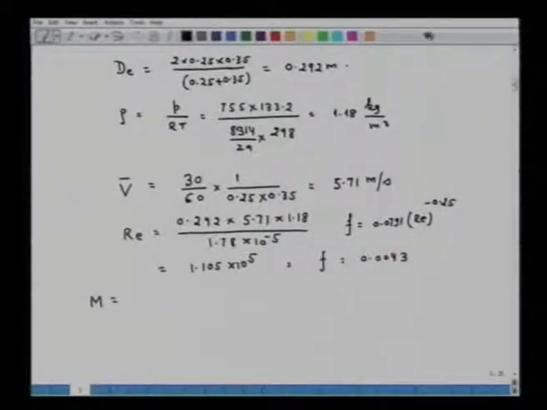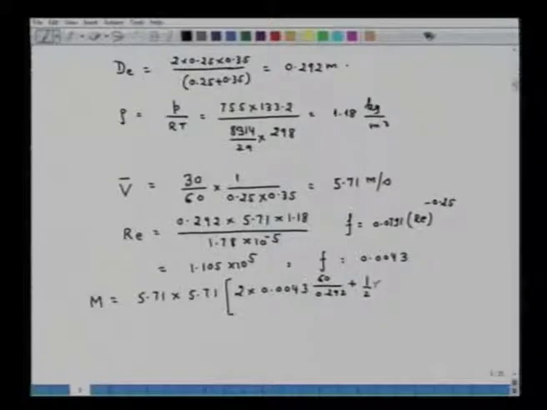So, M will be equal to 5.71 into 5.71 into 2 into 0.0043, 60 is the length of the pipe, divided by 0.292 plus half into EF1 plus half into 1.